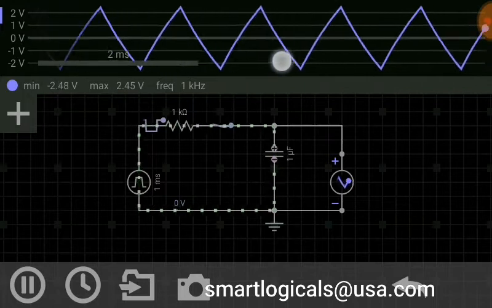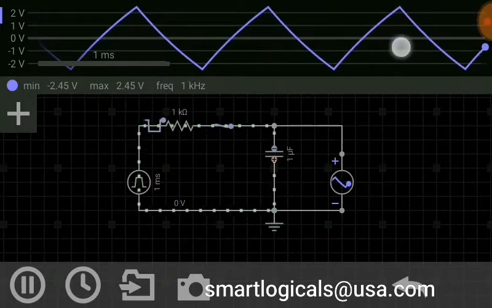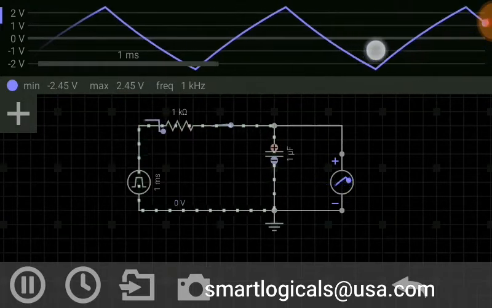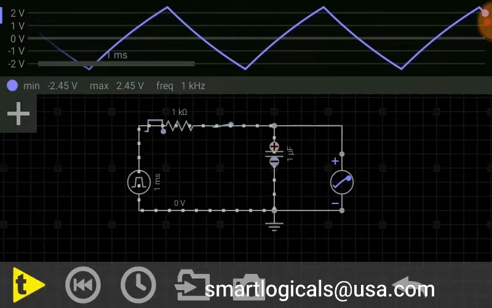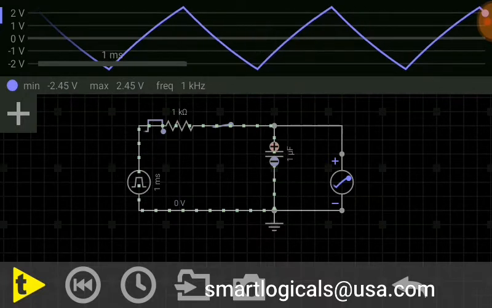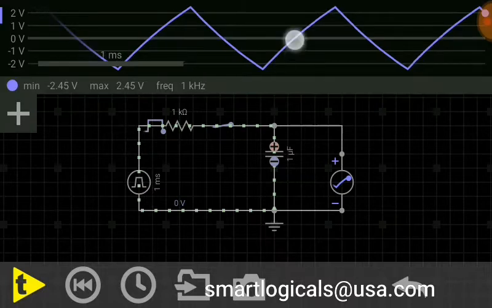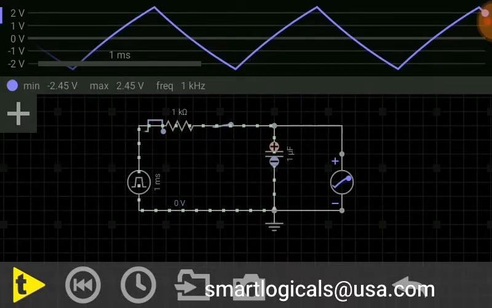See, friends, a little curvature is observed here at this point, from here to there.